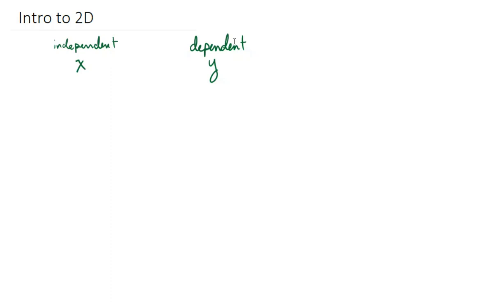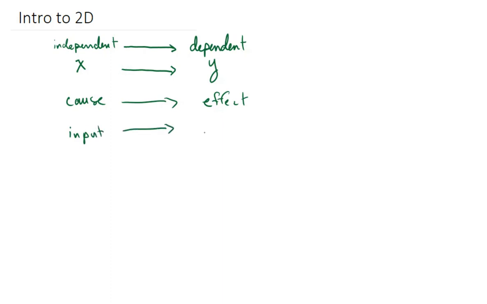The x will always go with the independent and the y will always go with the dependent. Now the reason that order matters is because the independent variable will cause the dependent variable. So there's going to be this cause and effect relationship between the x and y. It's not just that the x is first, it's that the x causes the y. And sometimes we'll say input, output. You put in an x, you get out a y.